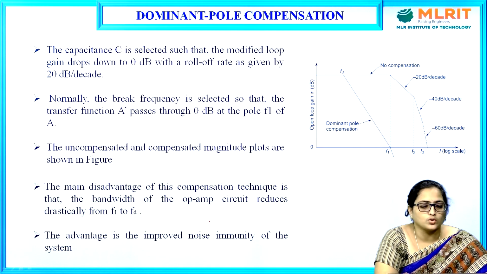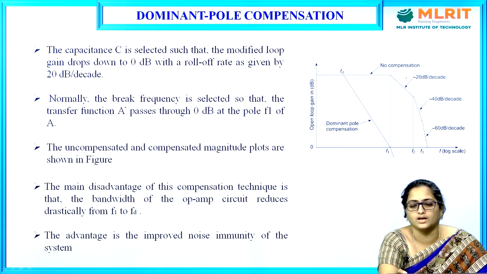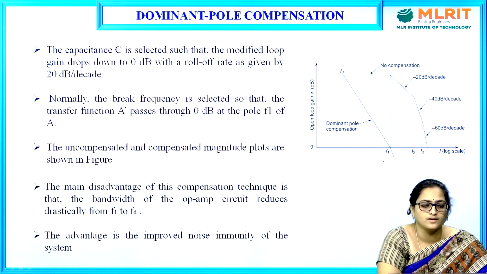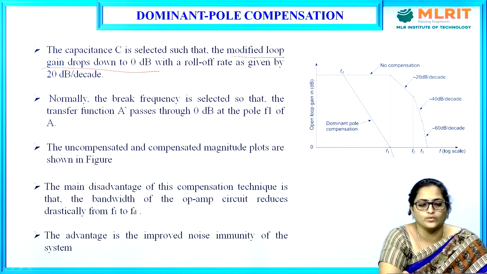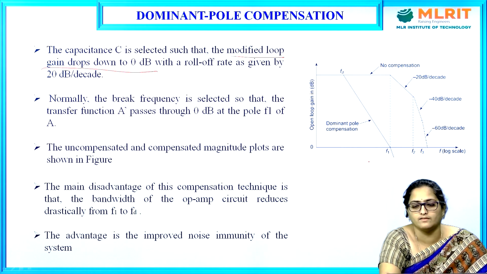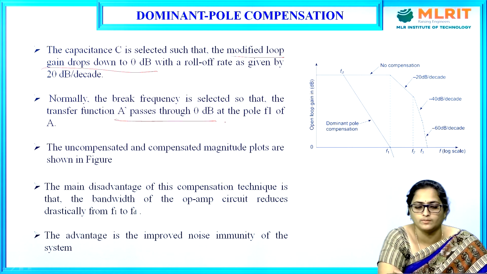Here also, based on the frequency, how this compensation network differs from the uncompensated network is shown in the figure. The capacitor C is selected such that the loop gain drops to 0 with a roll-off rate of 20 dB. Normally, the breakdown frequency is selected so that the transfer function A dash passes through 0 dB at pole F1 of A.